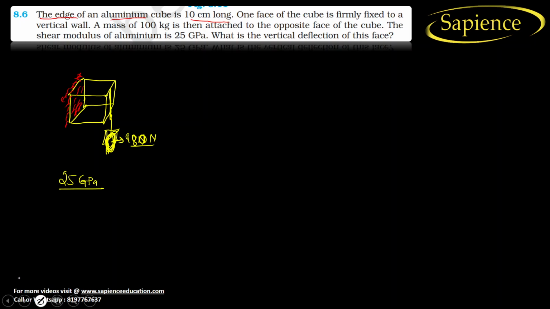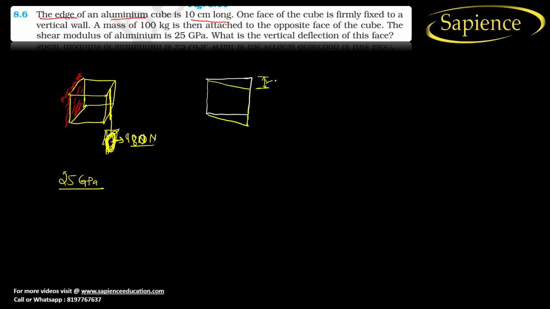So if we simply draw the plane diagrams, this is the earlier situation, but when we apply a load, its shape changes, right? So we want the vertical deflection, this deflection.